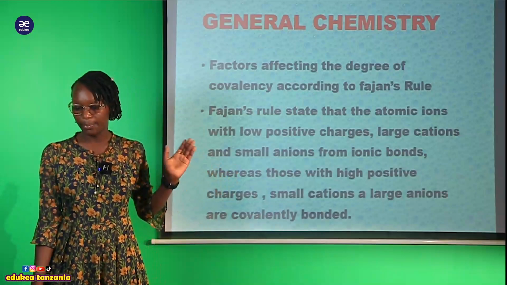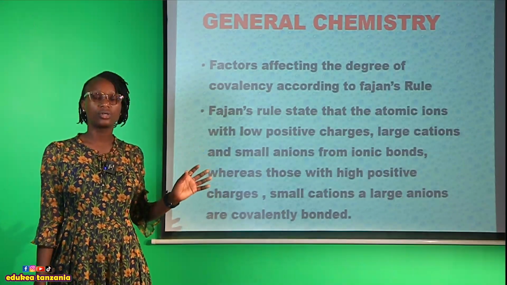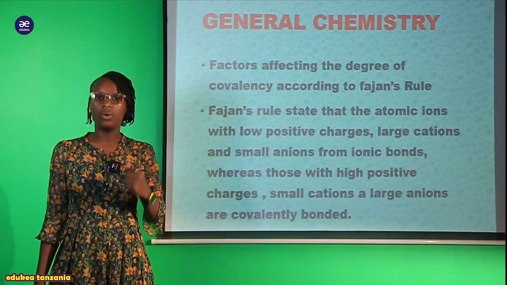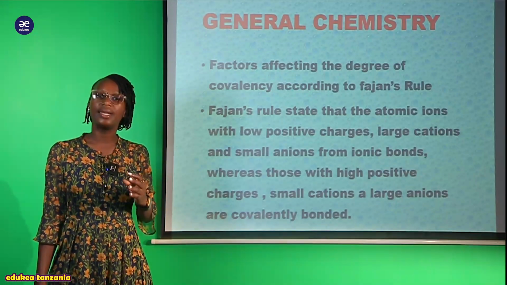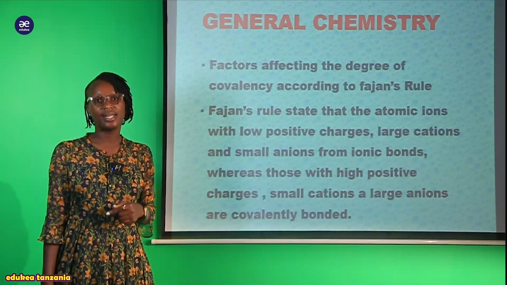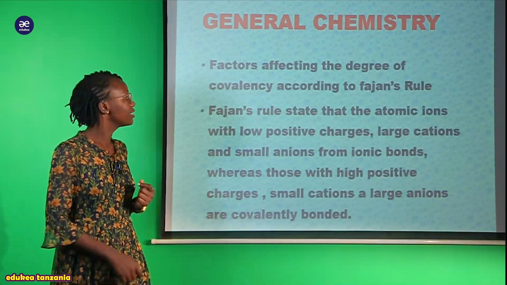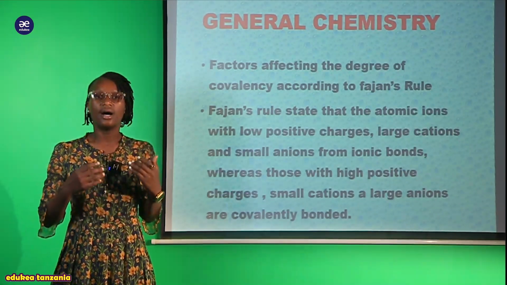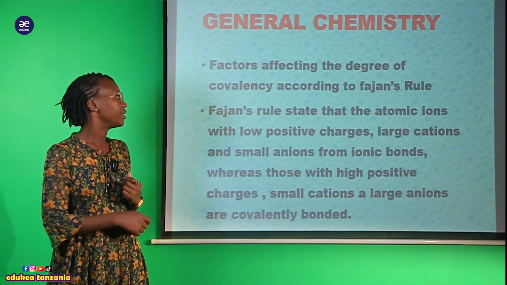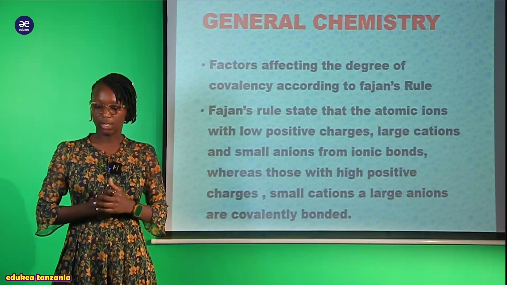So these are the rules of this Fajans rule. Now we have to go and learn about these factors. Let us see the next session of these factors for the Fajans rule, ambazo zina tend to affect the covalence.